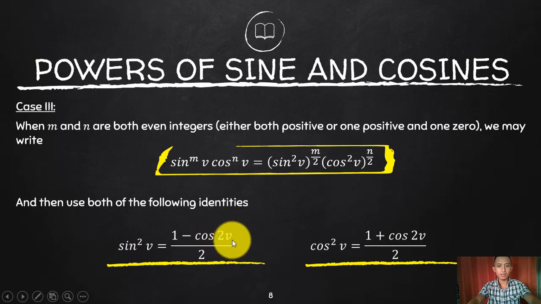That's why we call it double angle: the original angle v becomes 2v. What we are trying to do here is eliminate the square. So this becomes (1 minus cosine 2v) over 2. If it is cosine squared, it becomes 1 plus. That is the only difference between these two identities: for sine it is minus, for cosine it is positive.